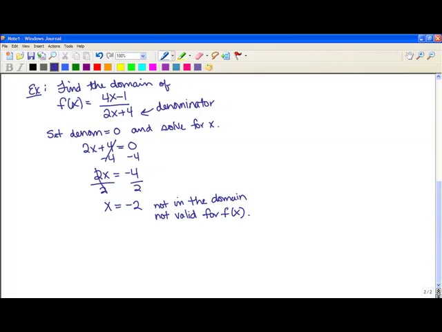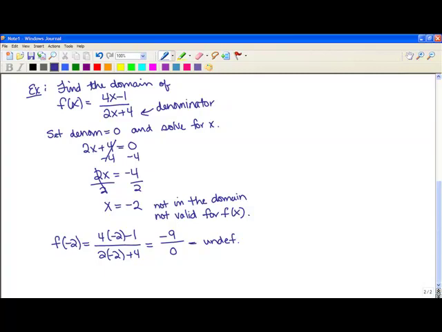If I take negative 2 and I plug it back into the function, we would find f of negative 2, and that would equal 4 times negative 2 minus 1 divided by 2 times negative 2 plus 4. If we do this math, we get negative 9 in the numerator divided by 4, this is negative 4 plus 4, 0.